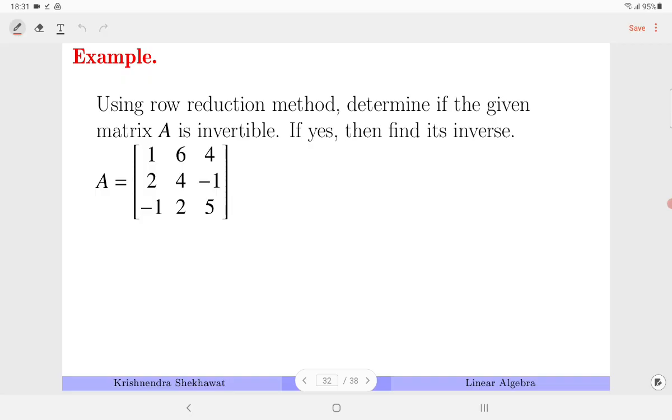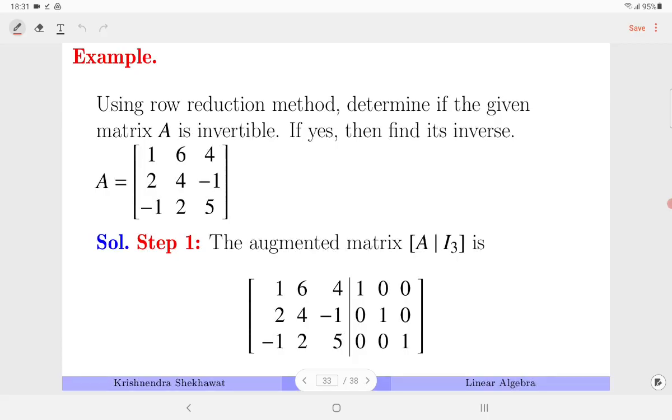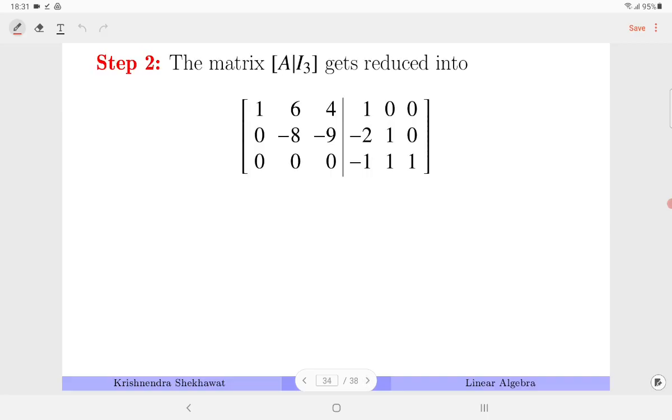One more question. Determine if A is invertible. If yes, compute its inverse. The same procedure follows. Write the augmented matrix A I3. Compute its RREF. Try yourself. Its RREF comes out to be this one.